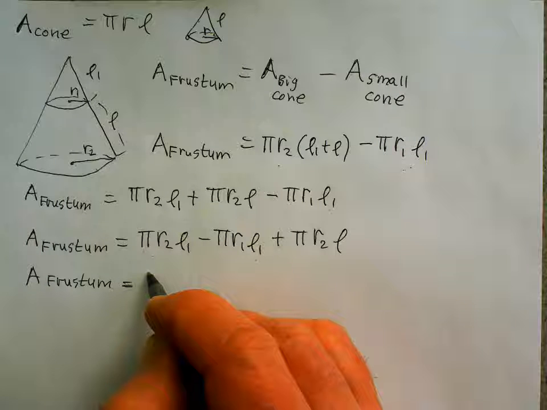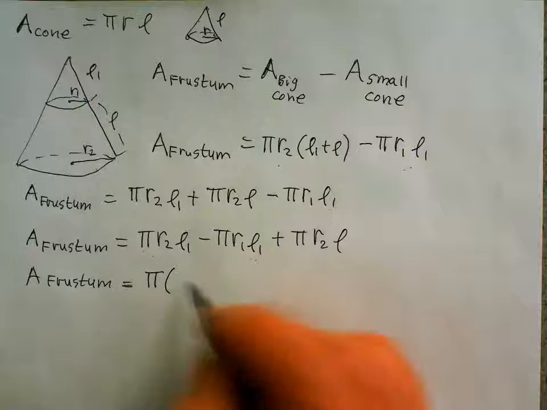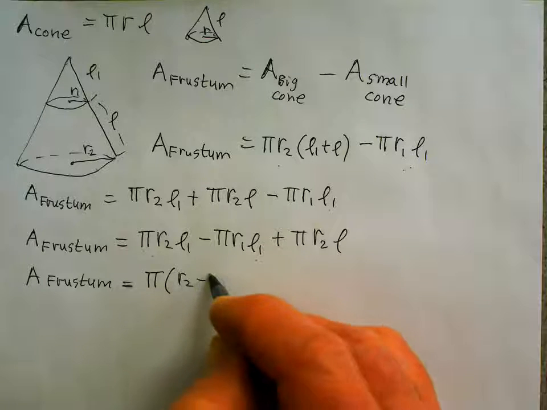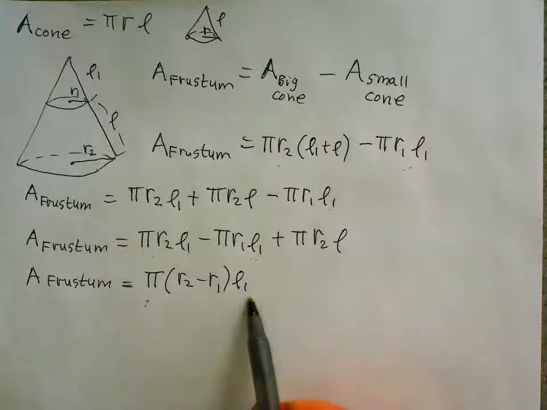I'll put the r sub 2 minus r sub 1 in the middle, and then pi on the left and L sub 1 on the right.